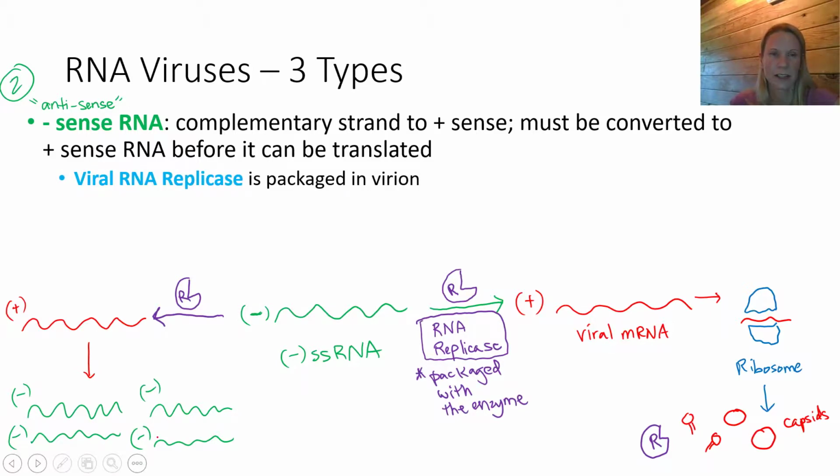Okay, so the difference here is that that viral RNA replicase has to be packaged in the virion. So what is that going to look like?